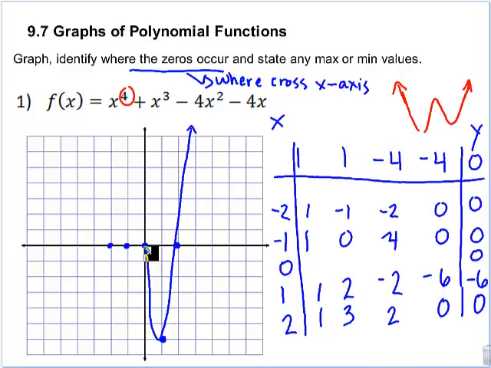So what would be a point in between 0 and 1 that we could do? Negative a half. And then what would be a point in between negative 2 and negative 1 we could do? Yeah, negative 1.5. So we could try those two and see what we get, and hopefully that'll finish off our graph for us. And we'll see that it's going back up.